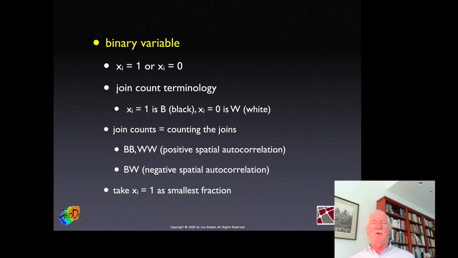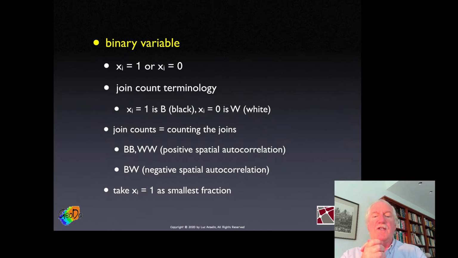Now, the principle of the join count statistic is very simple. You find out for every border, every join between two observations i and j, what is the layout of the values on both sides of the join? Is it 1 and 1, 0 and 0, or 1, 0, 0, 1?